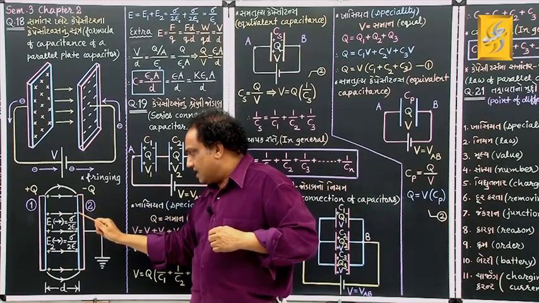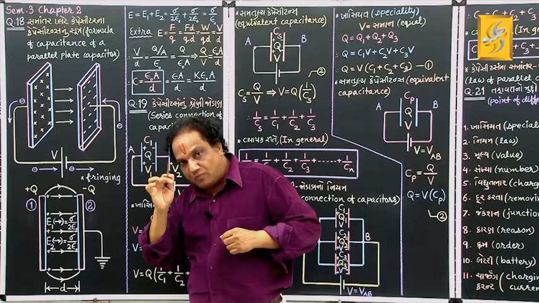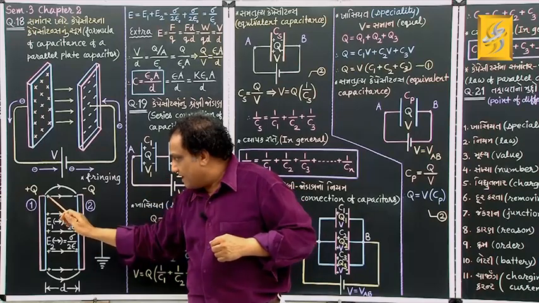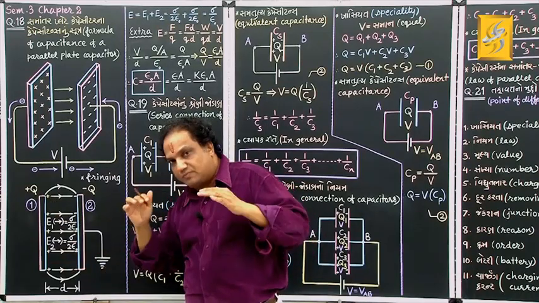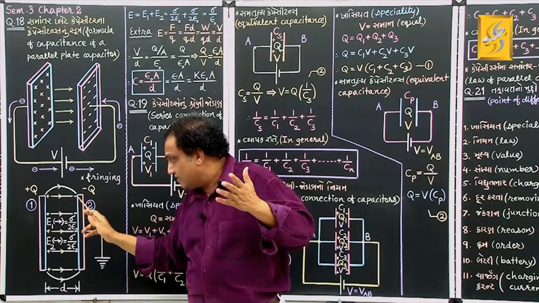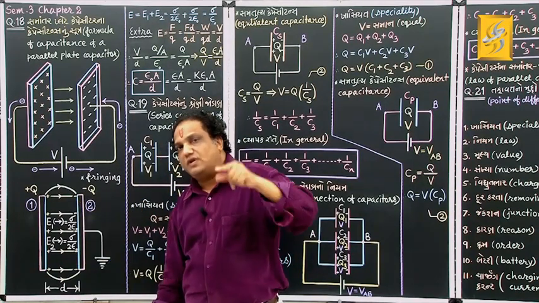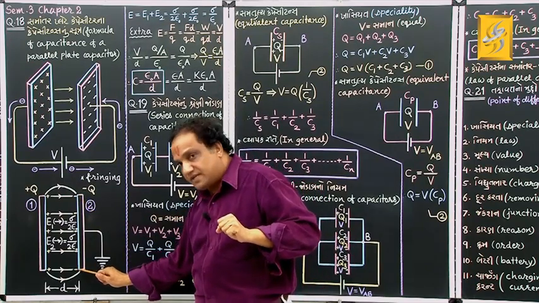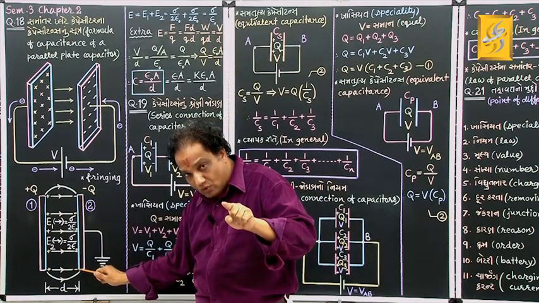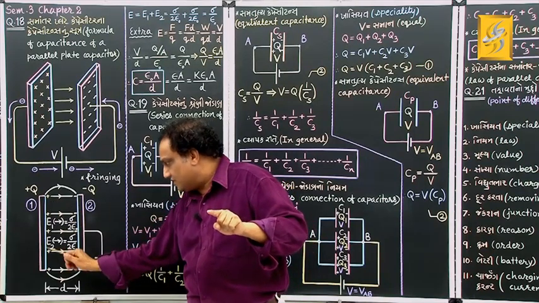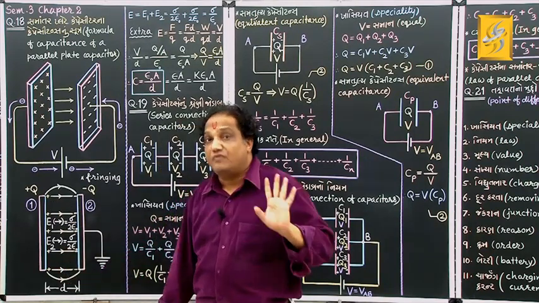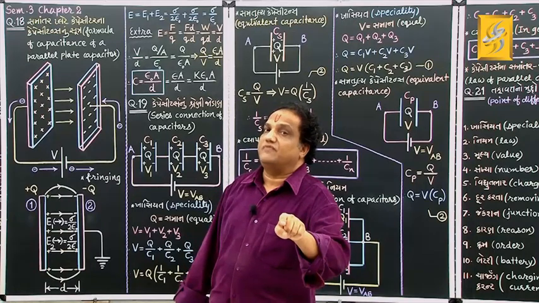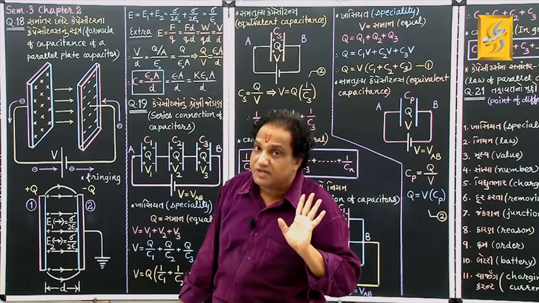For this negative charge plate, if you take potential to be 0, then for this positive charge plate, because its potential is higher than the potential of the negative charge plate, so higher than 0, let it be capital V. So, if potential at the negatively charged plate is taken arbitrarily 0, then potential at the positively charged plate can be taken equal to V. Then what will be the potential difference? V minus 0, that is V, correct?